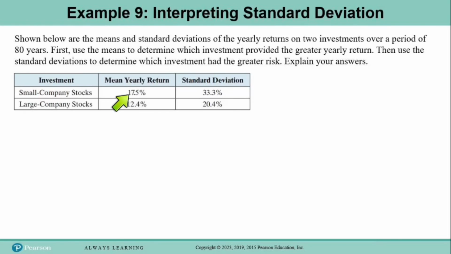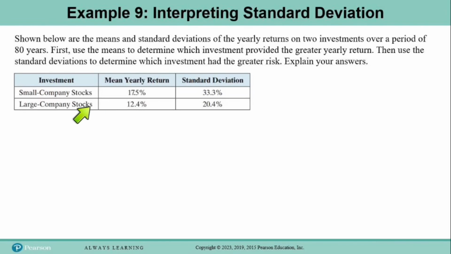So what these numbers mean is that on average, for every $100 that somebody invested in these small company stocks, they got back a profit of $17.5. So they got back their 100 plus a profit of 17.5. And then people who invested in the large company stocks, for every $100 they invested, on average, they got back their 100 plus a profit of $12.40.